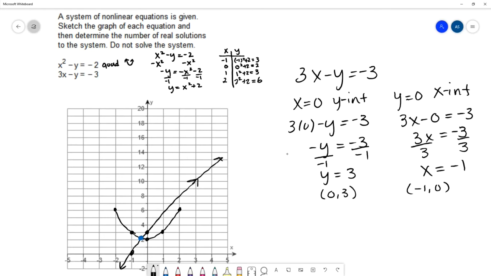But if we were going to continue our parabola, we also see that there's another intersection point over here. So this system is going to have two solutions, two ordered pair solutions for that system.